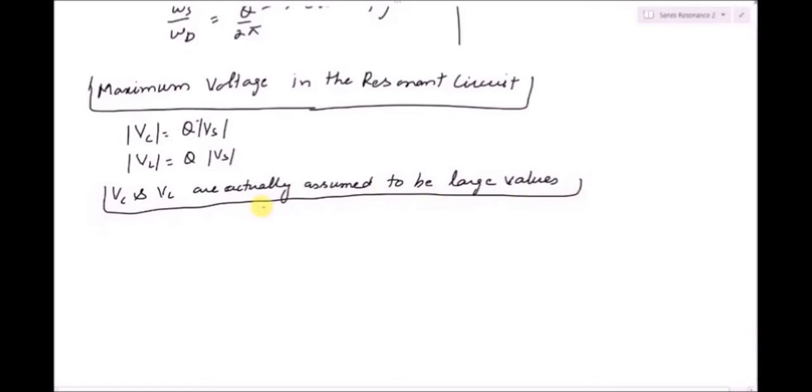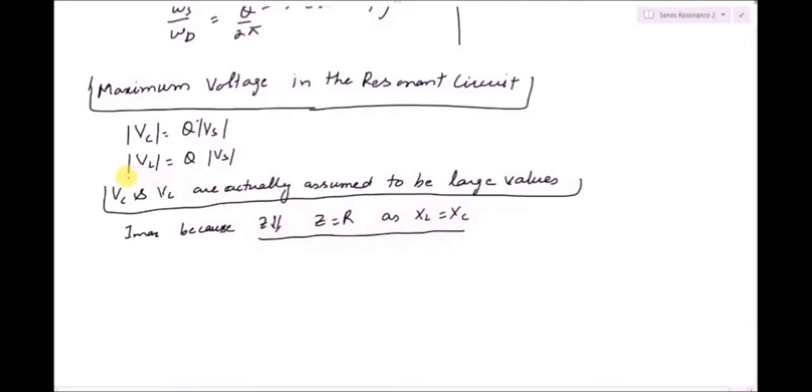Because at resonance we have the maximum current, I maximum, because Z is minimum, impedance is actually equal to the resistance value, as XL is equal to XC.